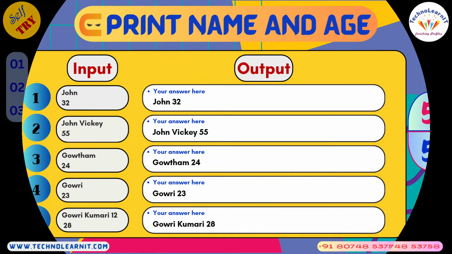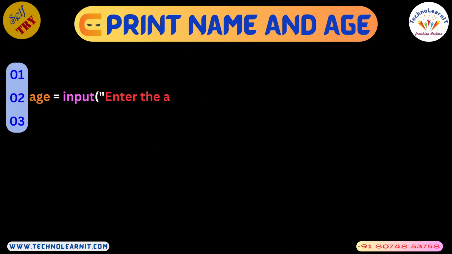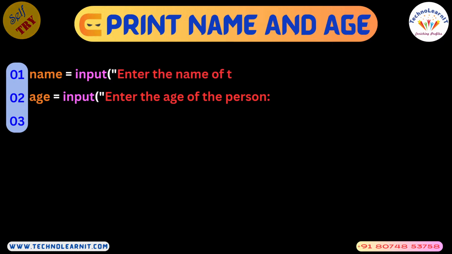All right, let's jump on to the code directly. The second line is given to you, and the first statement that you have to write is to enter the name of the person. The reason being, the first input you expect from the user is the name, and the second input that you expect from the user is the age.